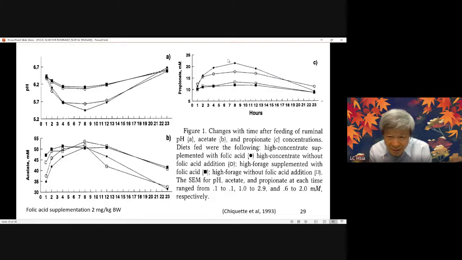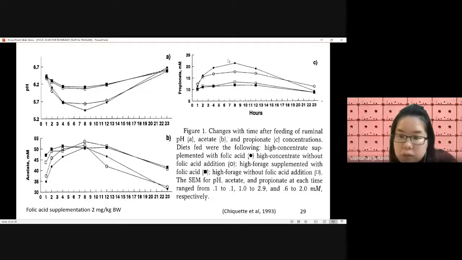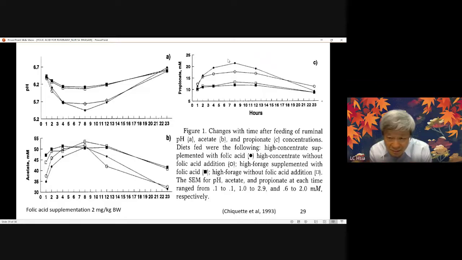Professor, that means when we supplement folic acid in the foliage, we have to increase the concentrate, right? Yes. But in this case, it's because some people do not increase the concentrate, so they say increasing folic acid is no use. But if you have a higher concentrate, increasing folic acid is useful.